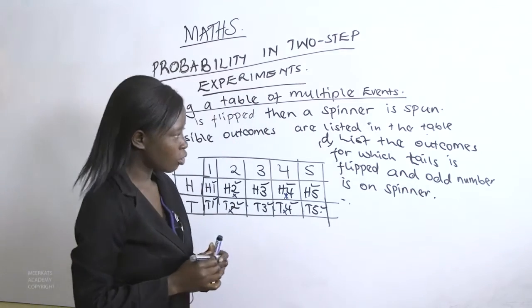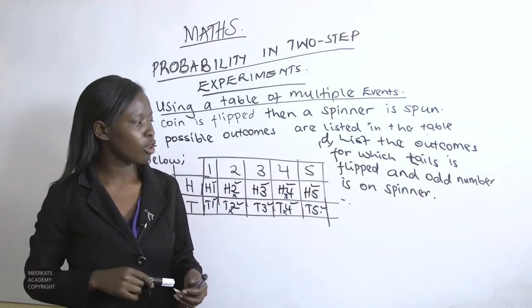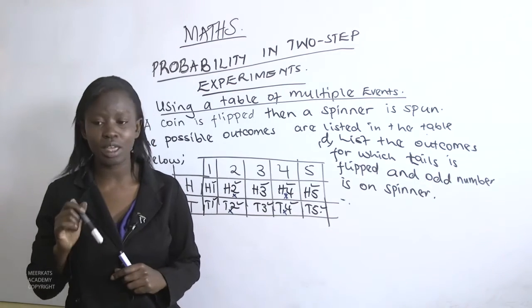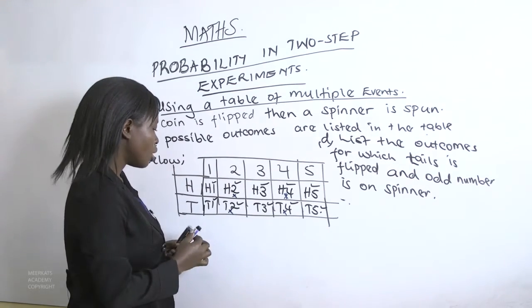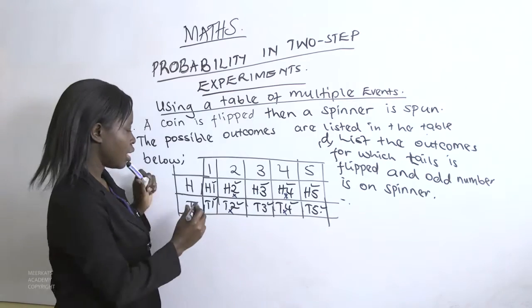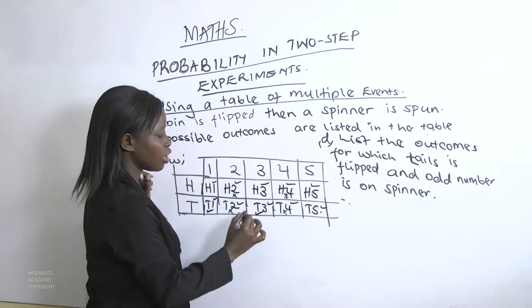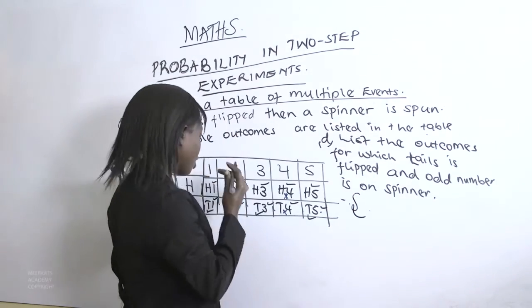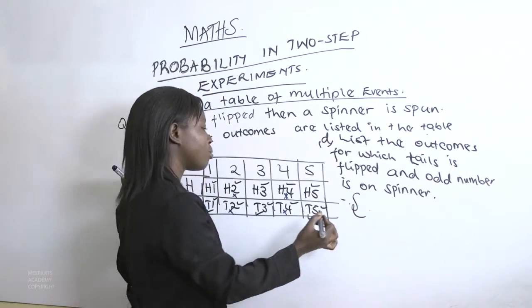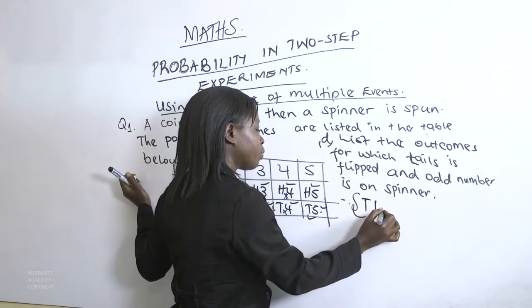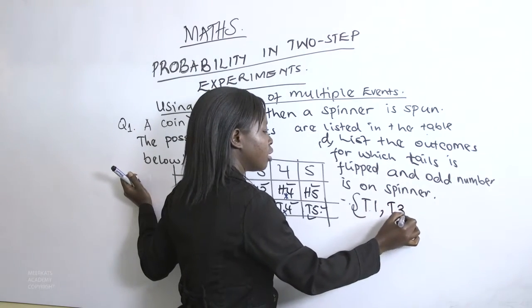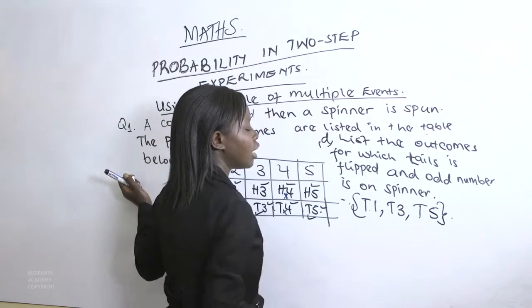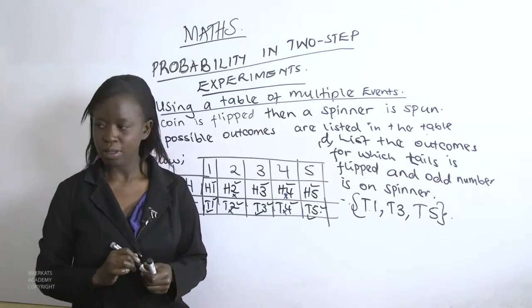So we list outcomes for which a tail is flipped and an odd number is on the spinner. We are looking specifically for tail and odd numbers. So the list of outcomes that have a tail and an odd number are tail and 1, then tail and 3, and tail and 5. So with a tail and an odd number, we have 3 events.